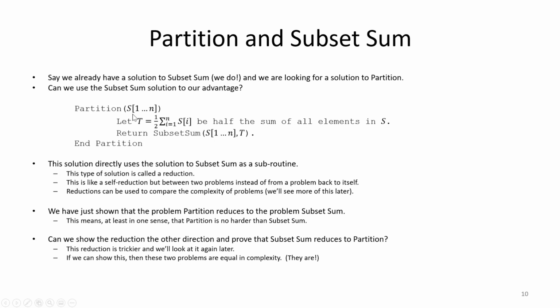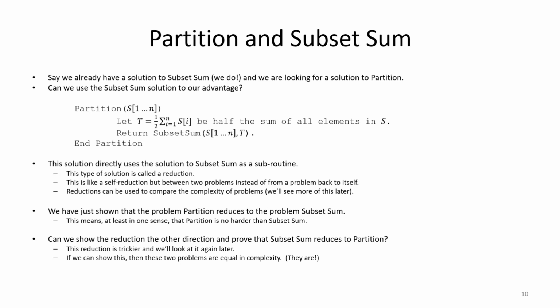And the runtime of partition, because this part's simple, the first bit takes almost no time at all. The runtime of partition is exactly the same as the runtime of subset sum in the big theta bound in the asymptotics. So what that means is, say one of you out there comes up with a brilliant solution to subset sum, a polynomial time one. Say it takes, I don't know, n to the 4th, okay?